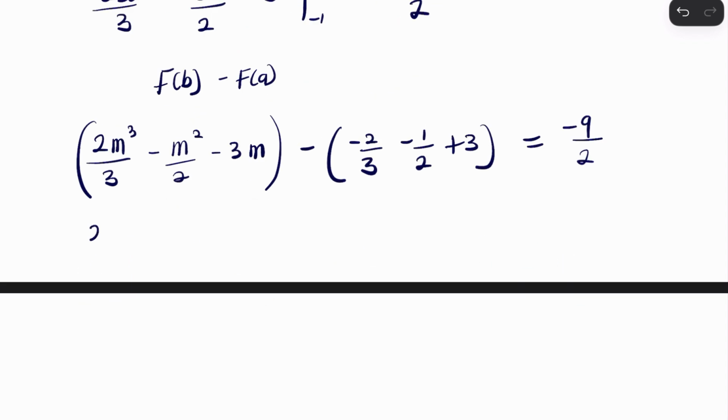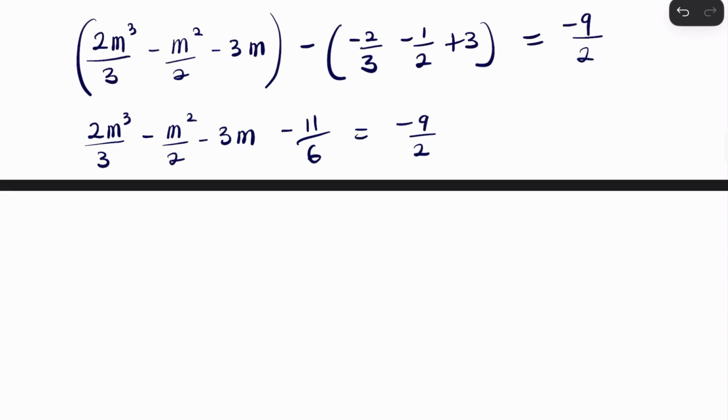Thus we have 2m³/3 - m²/2 - 3m. Now when you simplify, we are going to have 11/6, so that's going to give us -11/6, then is equal to -9/2. And so we now have to solve this cubic equation.